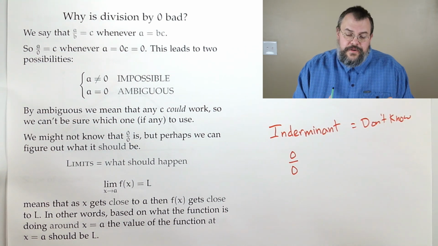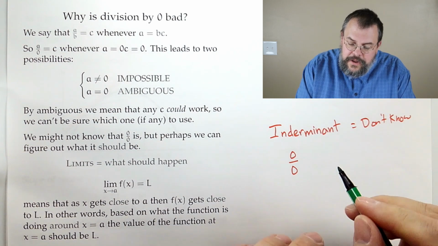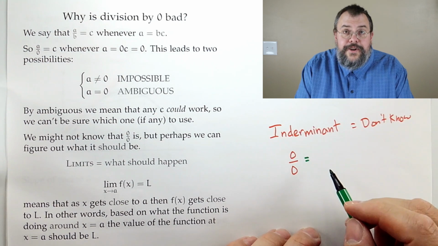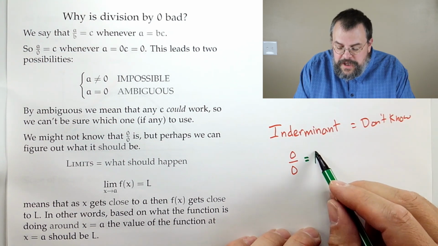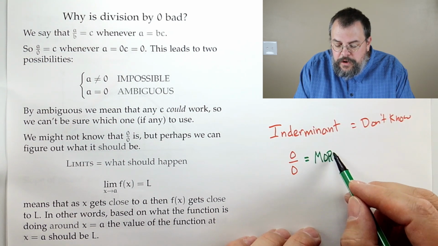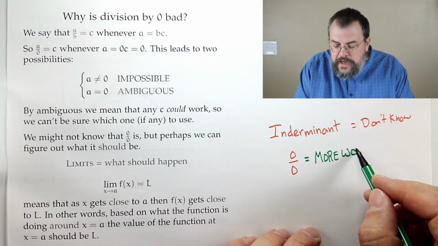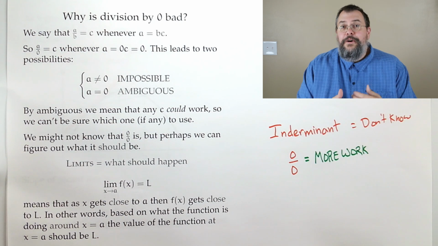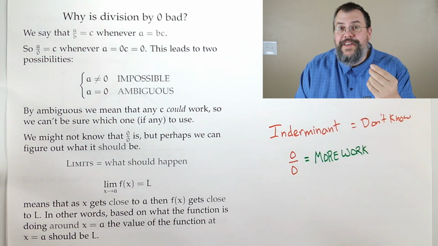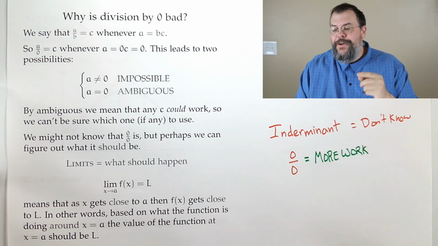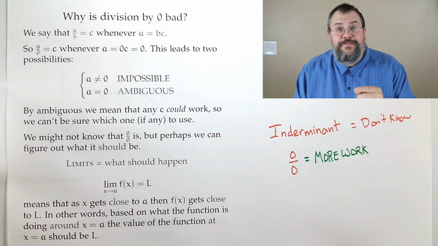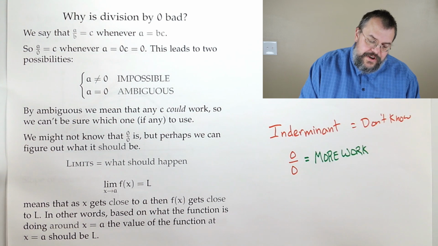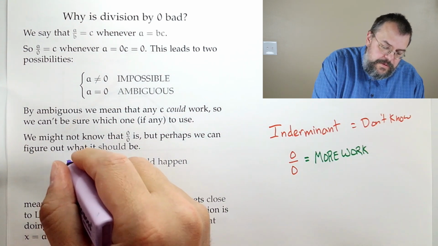So what does 0 over 0 mean? The real answer is that when you see 0 over 0, from now until the end, it's going to mean more work. Why do I say that? Because we don't know what it is, but maybe we can figure out what it should be. That's the great challenge, and that's where limits come in.